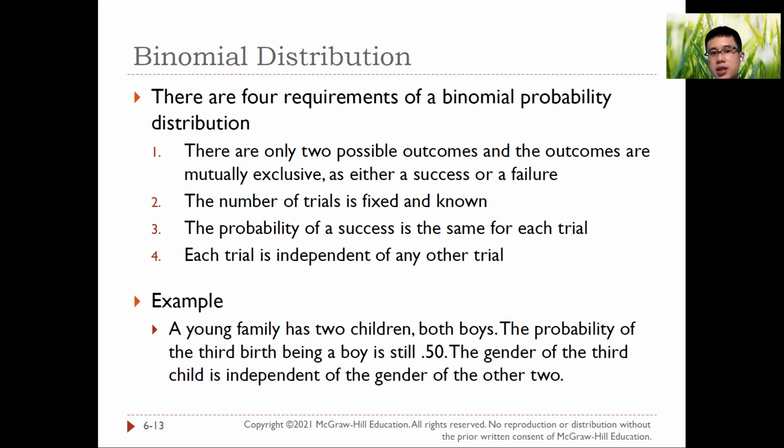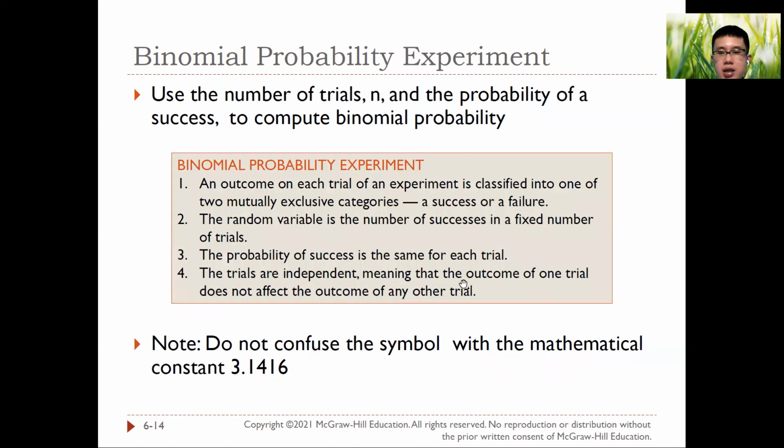So suppose that in the first trial, the probability of success is a little p, and the next is also equal to little p, and it happens to all trials here. And the last is that each trial is independent of any other trial. It means the outcome of one trial doesn't affect the outcome of other trials.